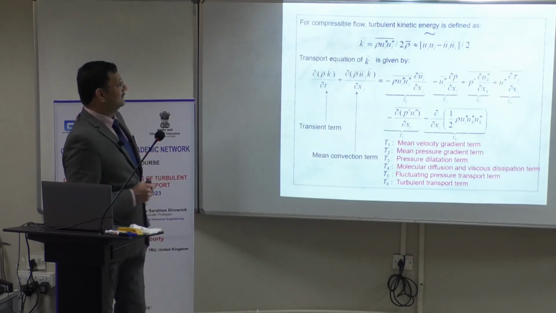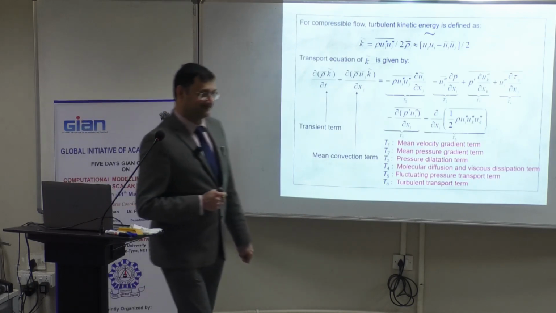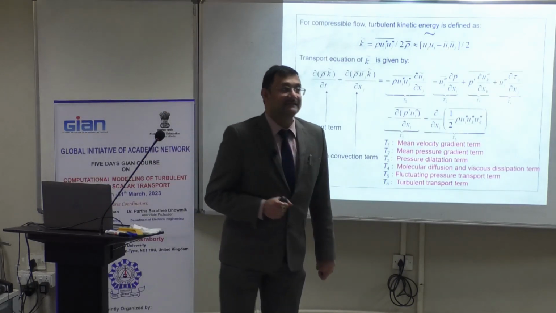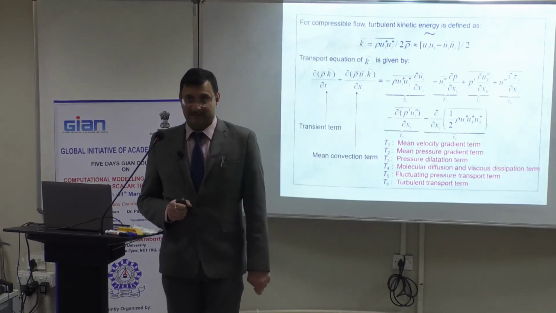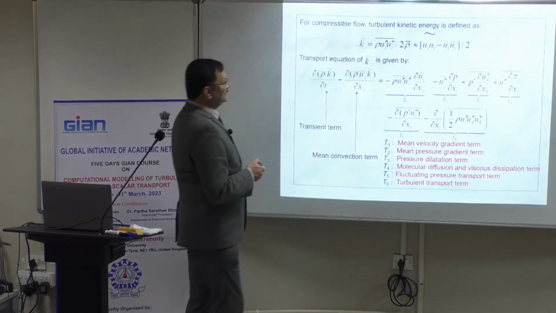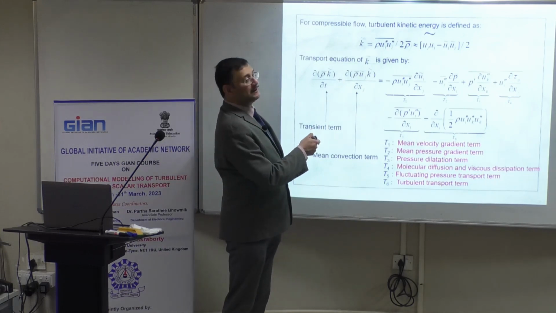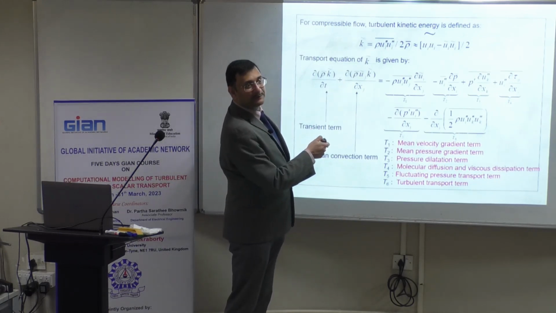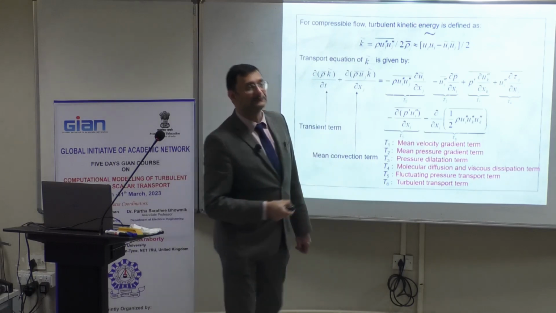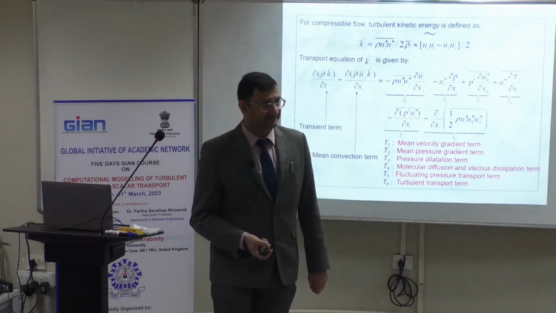Now, this has implications. Previously, turbulent kinetic energy was just Ui prime Ui prime over bar divided by 2. That's what we showed yesterday, right?